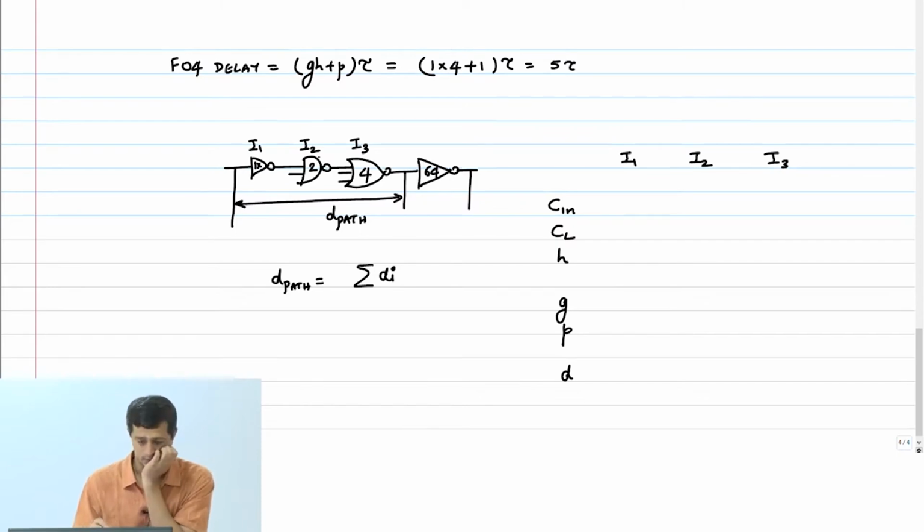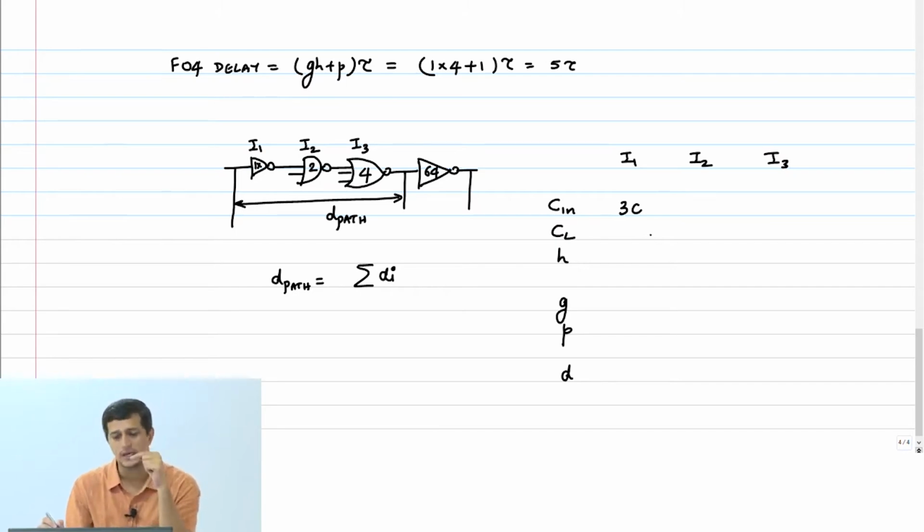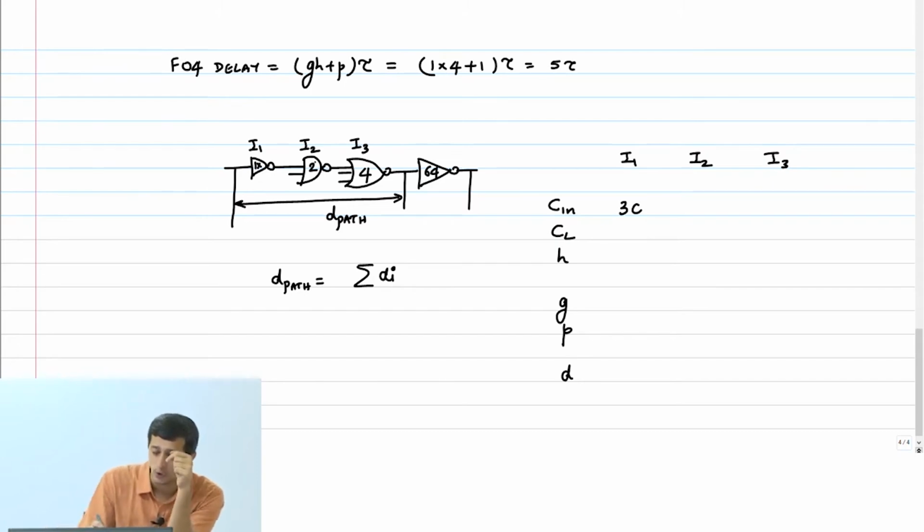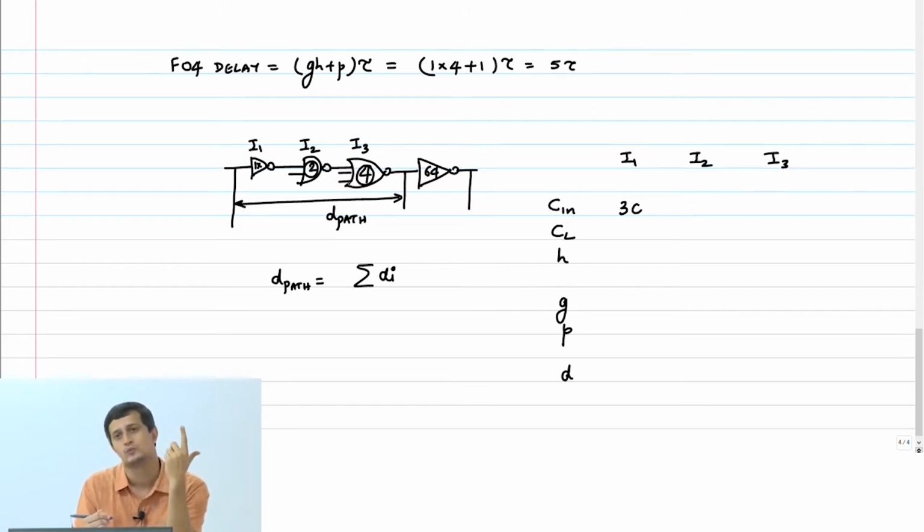So for I1, what is the net input capacitance? 3C, right? What for I2, what is the net input capacitance? It is 4C, but I have said it's a 2x inverter. This 2 basically says it gives you the drive strength, which means I have sized it up by a factor of 2.